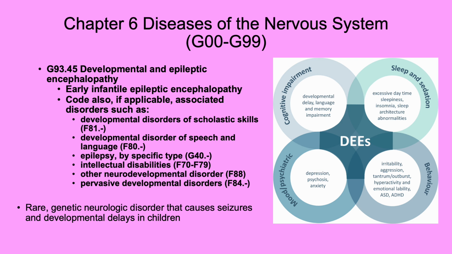Code also, and there's a list of other things to code in addition to this. This is called DEE, developmental epileptic encephalopathy. So it occurs in infants, and you can see early infantile. So it has a long list of other things that can be associated with it. You can code also for those.